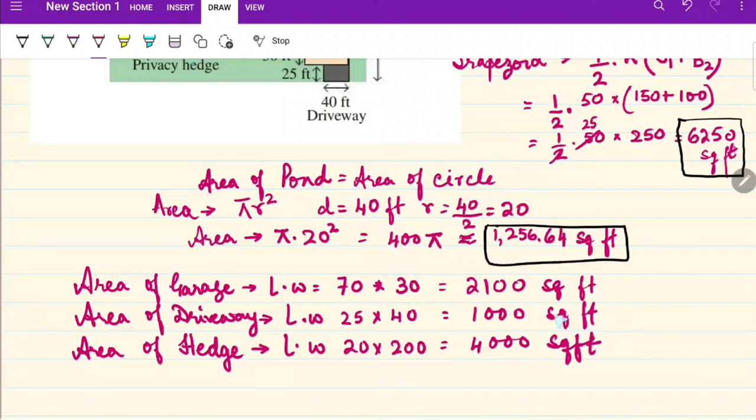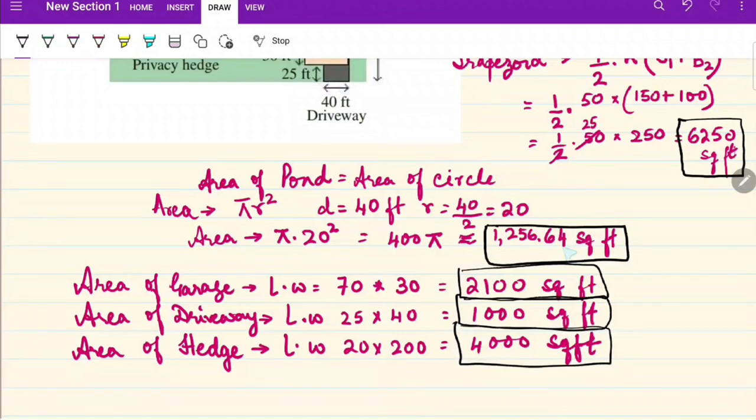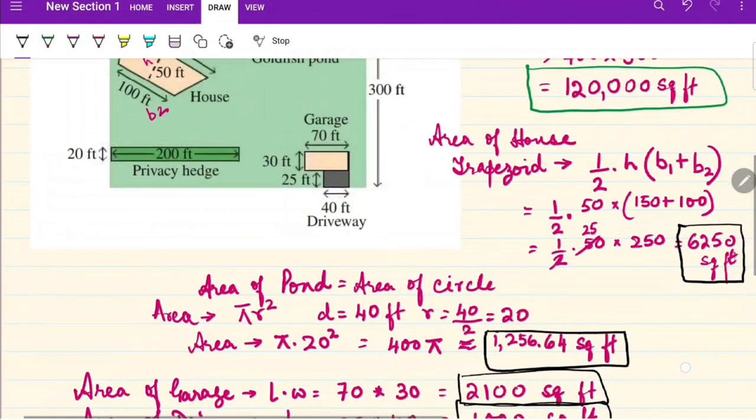All right. So now we have to sum all these areas inside the property, and then we have to subtract the sum from the total area of the property, and that will give us the area covered by the lawn, correct?